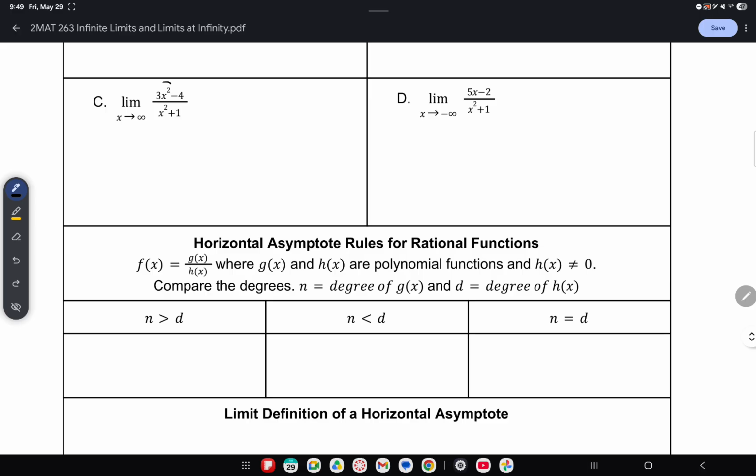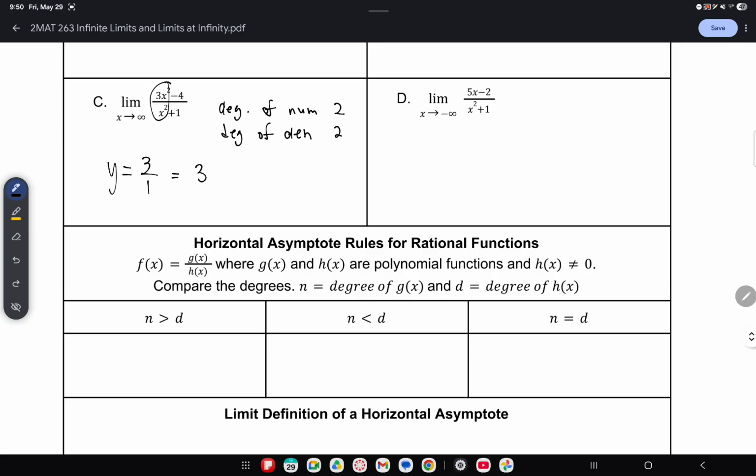I can look at the leading terms, and then I compare the degrees. So the degree of the numerator is 2. The degree of the denominator is 2. So that means we have a horizontal asymptote at the ratio of the coefficients, which is 3 over 1, which is going to be 3.